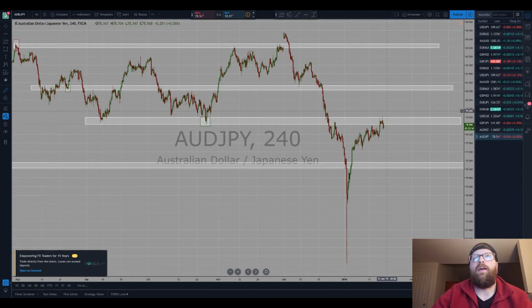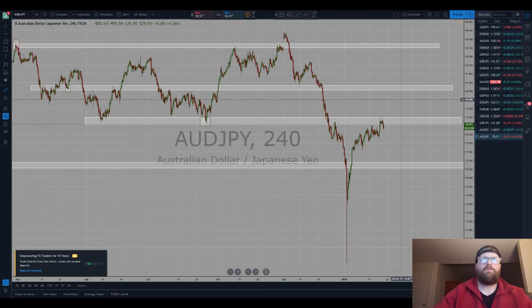And that's the range that you're looking for. You're looking for price to break out of that plus or minus 50 pip area. And then you're looking to profit from the breakout of that area down to the next zone or up to the next zone, depending on if you're buying or selling. So hopefully that kind of gives a breakdown of how I use zones and how I draw zones.